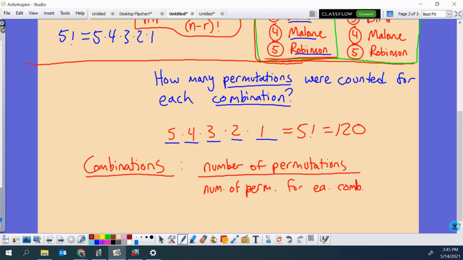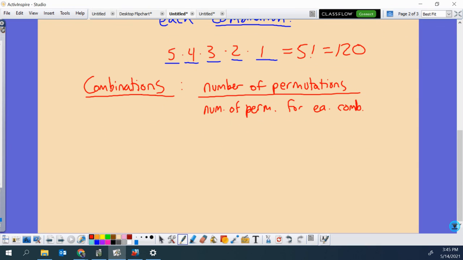So we take 12 factorial divided by (12 minus 5) factorial, right? That's 7 factorial. And we divide it by this 5 factorial. That gives us the number of combinations. So in this case, it'll be 12 factorial over 7 factorial times 5 factorial.